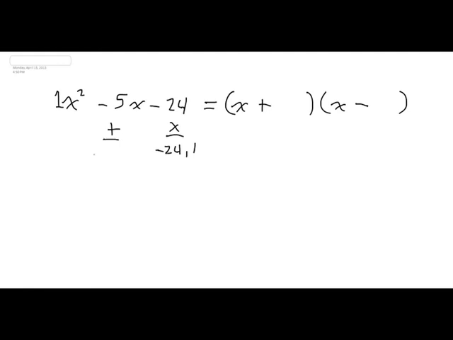If I add these together, I get negative 23, so that's not going to work. I could have negative 12 and 2, and that will give me negative 10. That's not going to work, but we're going in the right direction. So I could have negative 8 and 3, and this one gives us our negative 5. So our values are positive 3 and negative 8.